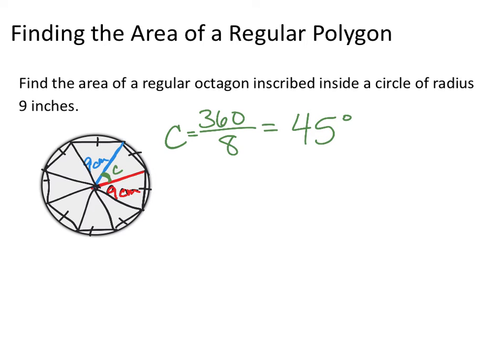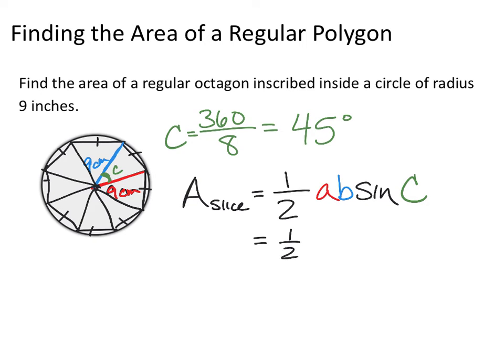Okay, so since I have side angle side, I know I can use the area formula, but I'm only going to be finding the area of this little slice, so I'm going to call it A slice. Area of the slice is 1/2 a times b times the sine of angle C. So if we fill that in, 1/2 times 9 times 9 times the sine of 45.